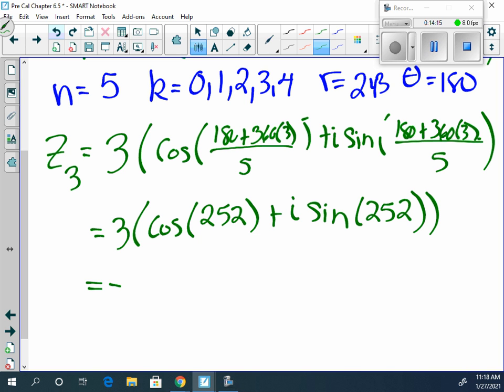so negative what? Negative 0.927. And then minus 2.85. No, the second one's negative.